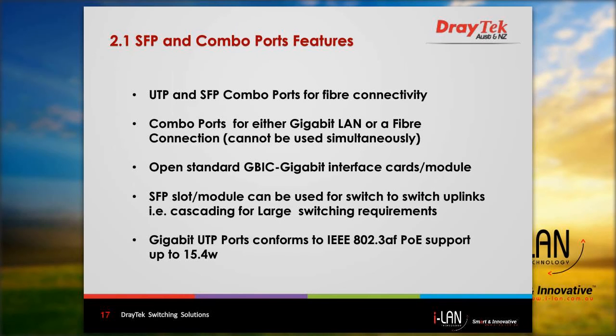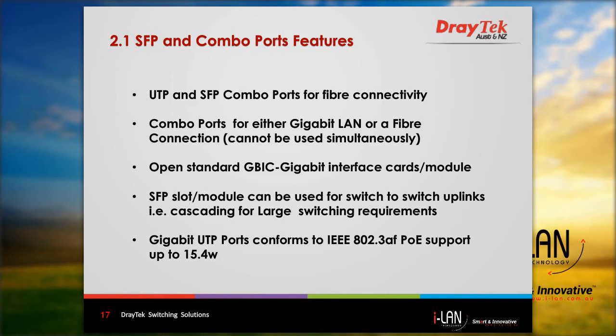Now, some additional features include, we've got them just listed here, UTP and SFP ports for fiber connectivity. Combo ports that can be used for either gigabit LAN or a fiber connection, but they cannot be used simultaneously.